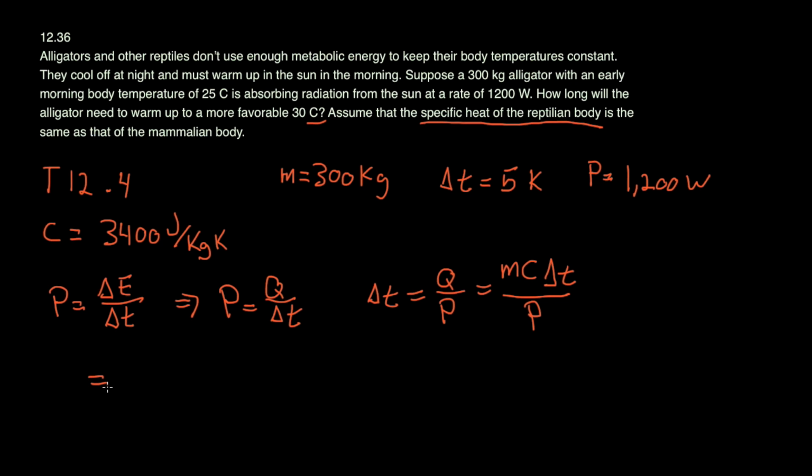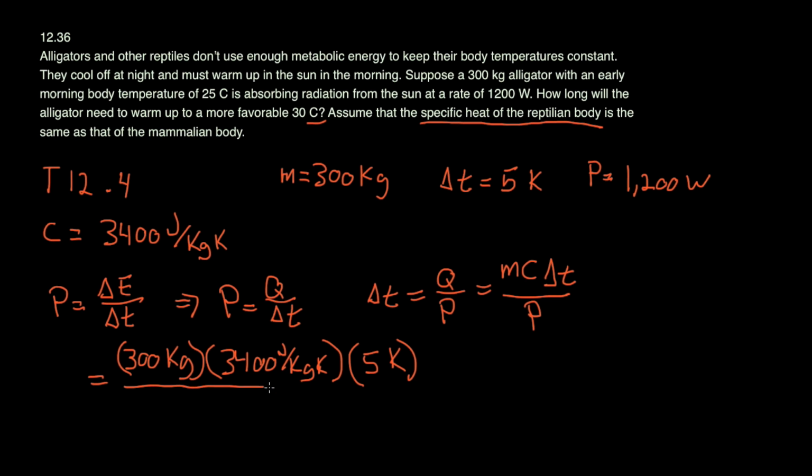And so this is equal to 300 kilograms times C, which is 3,400 joules per kilogram Kelvin, times delta T, which is 5 Kelvin, all over power, which is 1,200 watts, or joules per second.